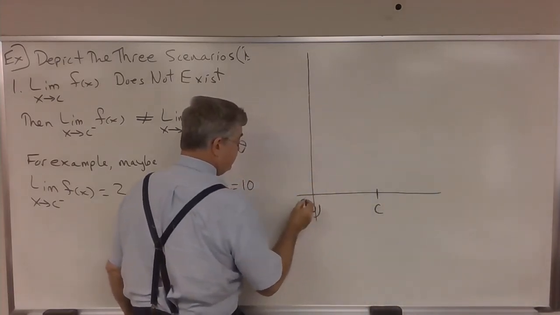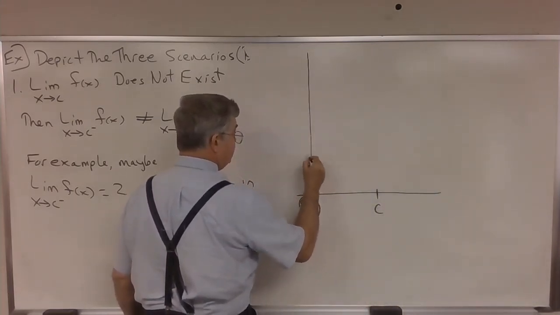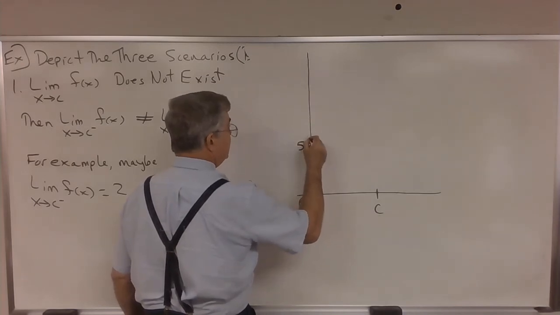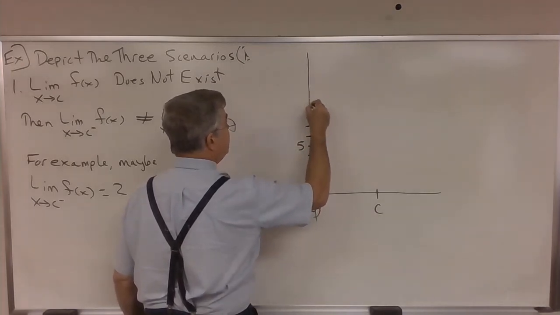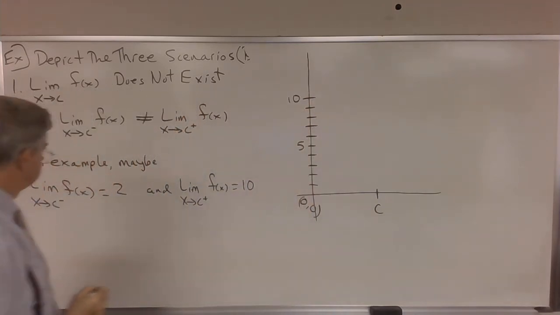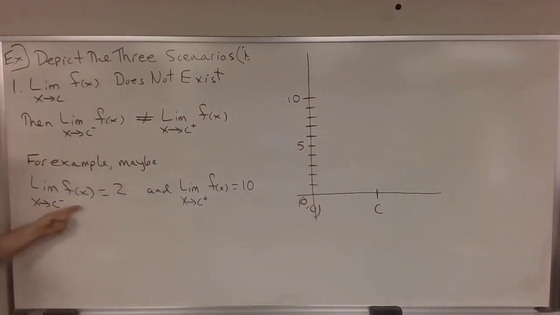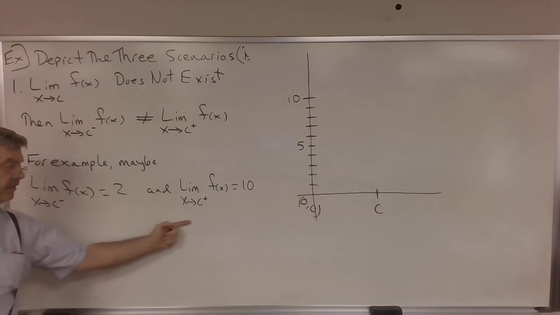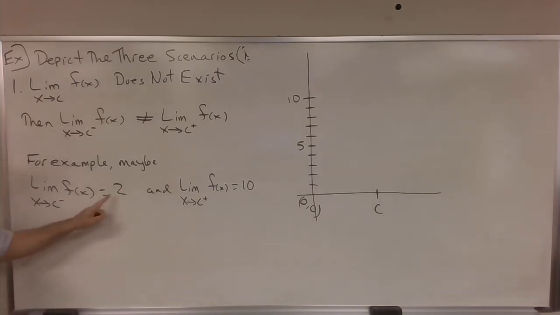Here's the origin. 1, 2, 3, 4, 5, 6, 7, 8, 9, 10. And this one-sided limit tells us that as x approaches c from the left, f of x, the y value, gets closer and closer to 2.